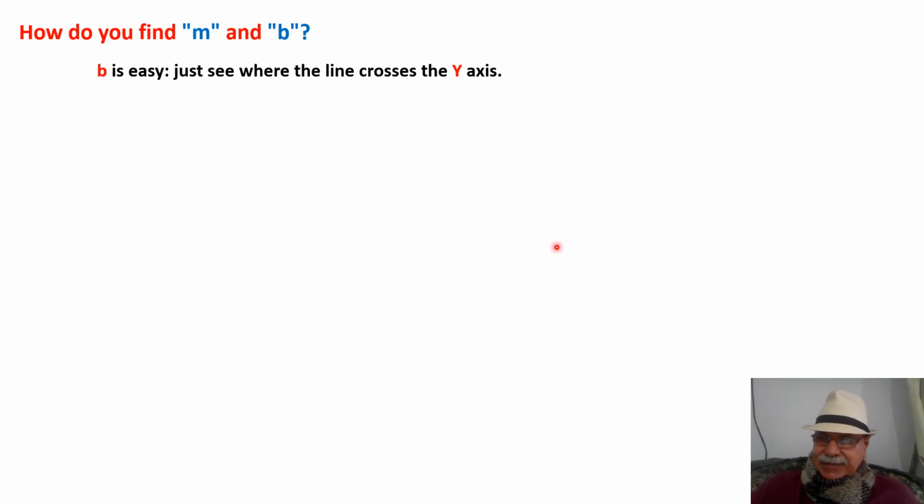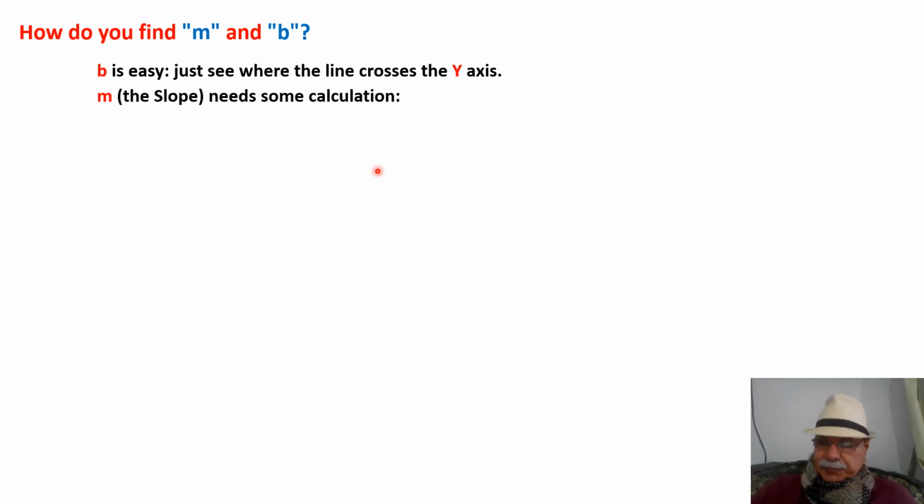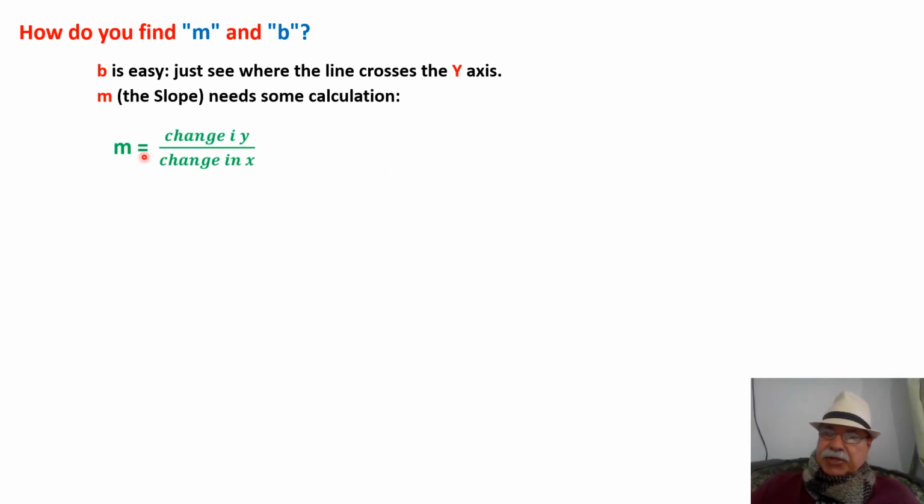For m, the slope, we need a calculator. We need to calculate it in order to find the value of m for this slope. You see, how did I find this m? I found m from the change in y and the change in x.